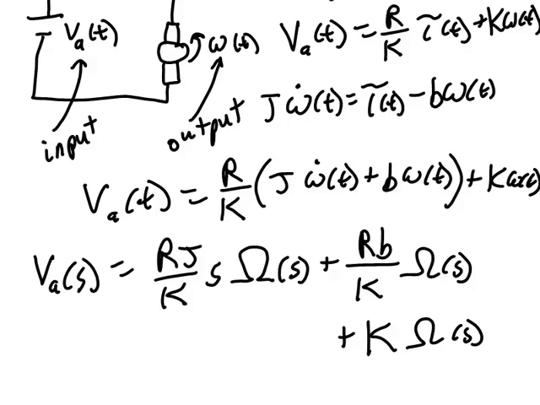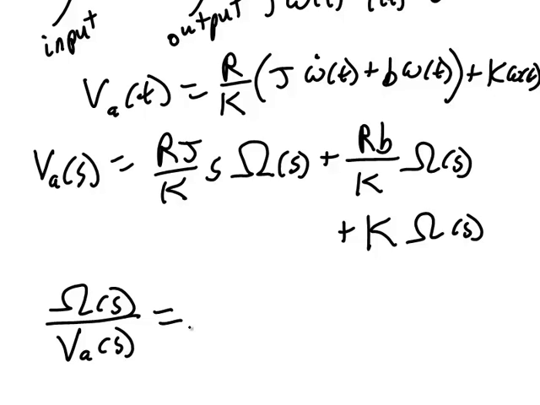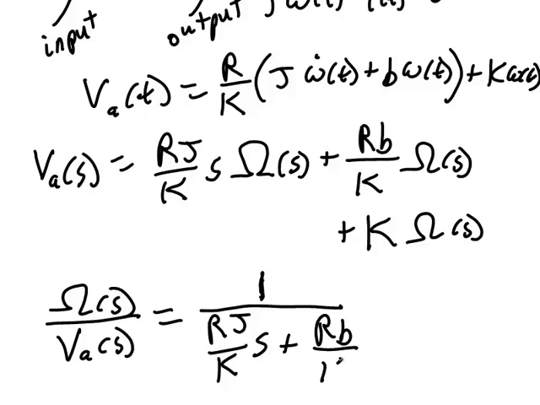Now I'm going to gather my terms together and write this in the transfer function form, the output divided by the input. To simplify this a little bit, I'm going to multiply the numerator and the denominator both by k.